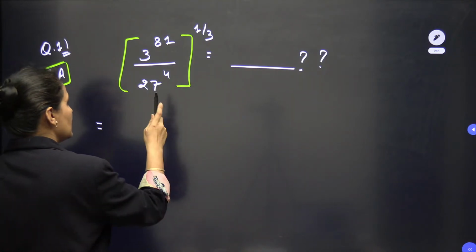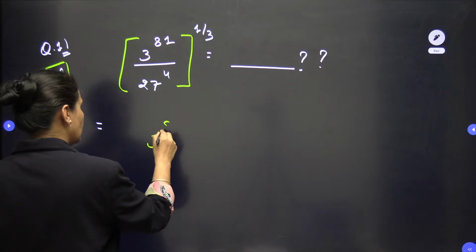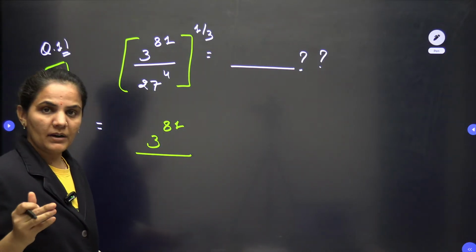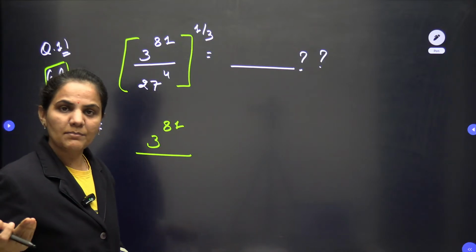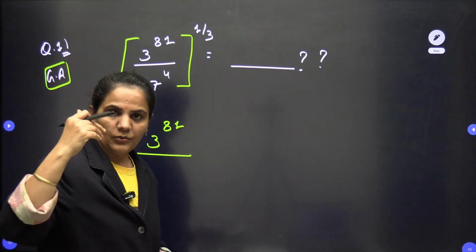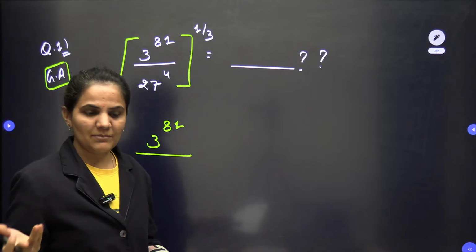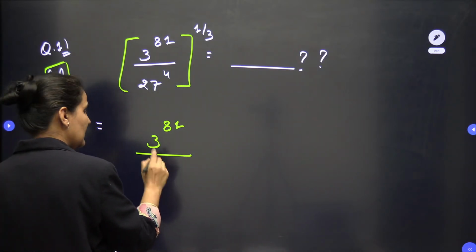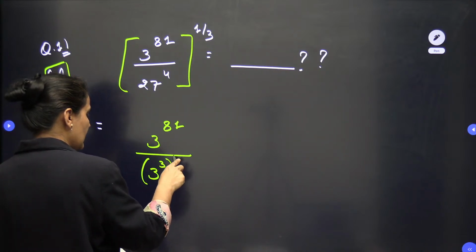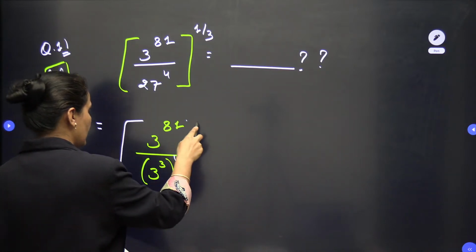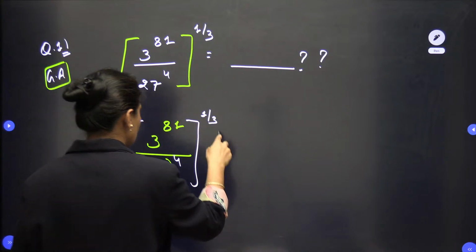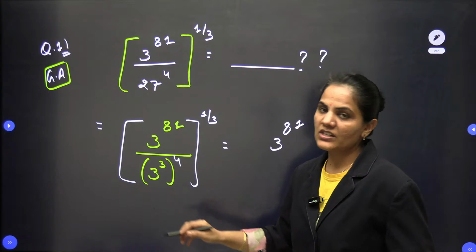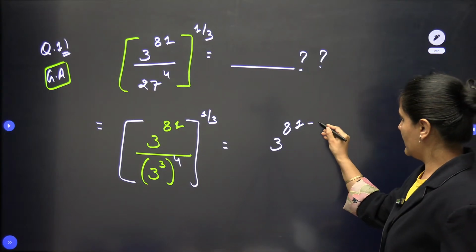First of all, this is 3 power 81. We can write this as it is. The denominator, which is 27 power 4, we can convert again into a power of 3, so the base of the numerator and denominator will be the same and then you can solve it. So 27 power 4 is basically 27 is 3 power 3, and this is power 4, and whole power 1 by 3. When I'm writing, this is 3 power 81. This is 3 into 4, 12, so this will be minus 12.